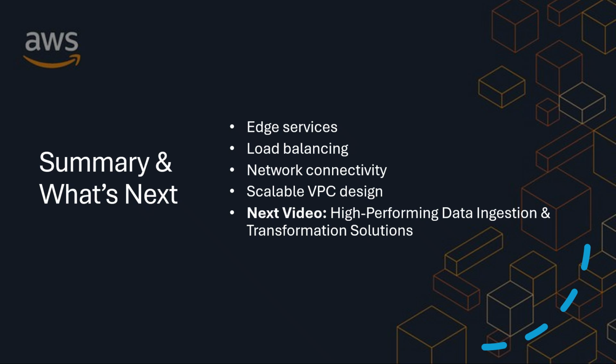So to summarize, in this session we explored how to design high-performing and scalable network architectures using AWS services. We covered edge networking, subnet architecture, routing strategies, load balancing, hybrid connectivity, and how to place the resources for optimal performance. All these concepts are critical not only for the exam but also for real-world architecture.